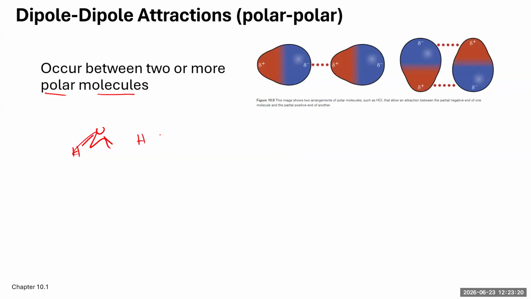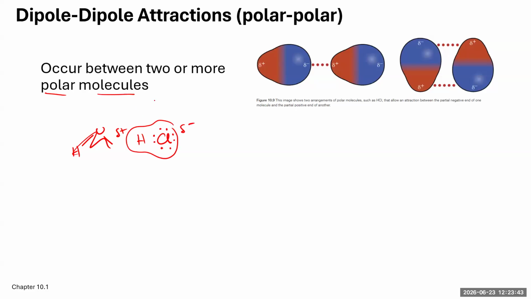Let's use HCl, right? There's shared electrons between the H and Cl. What happens is the Cl is more what's called electronegative. So this side is slightly more negative. This side is slightly more positive, right?